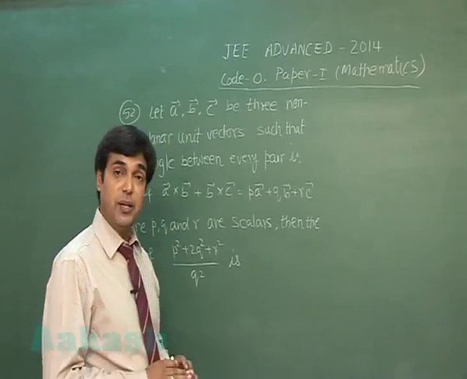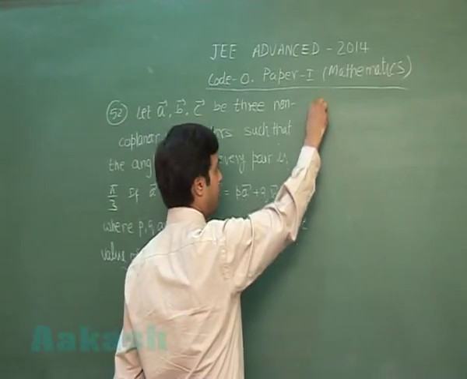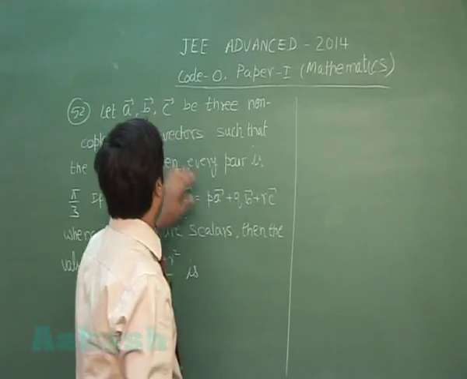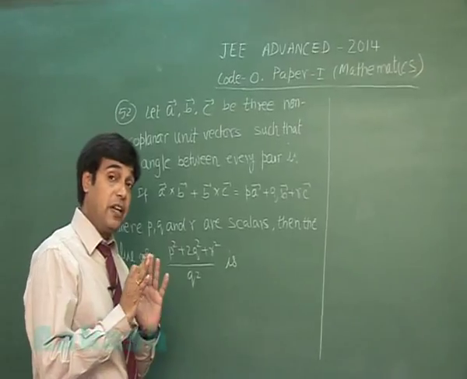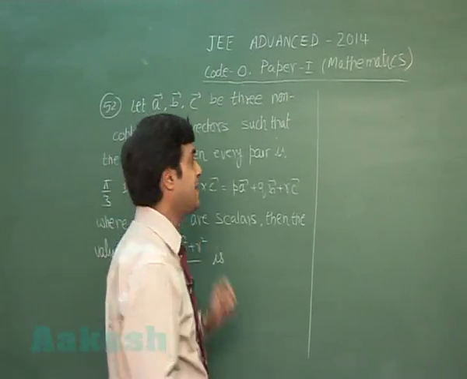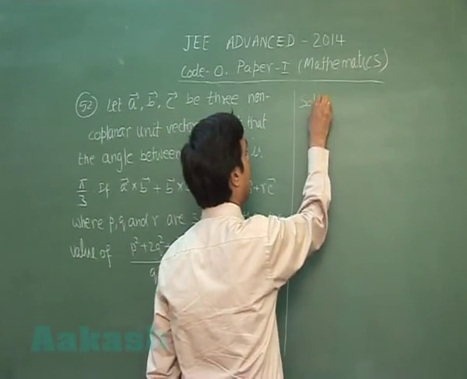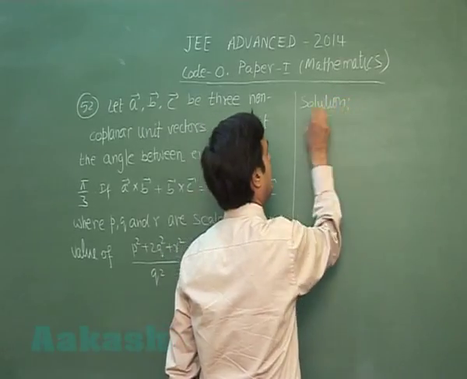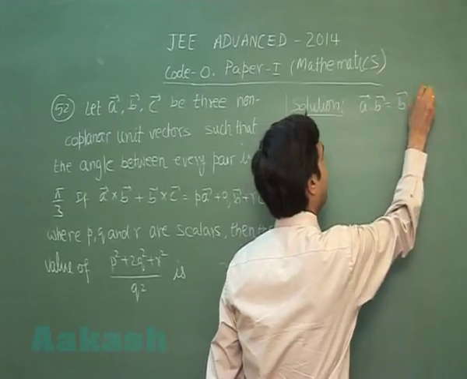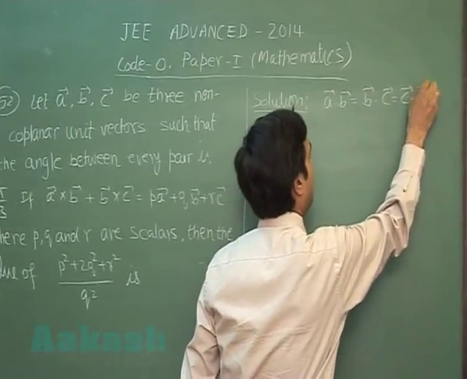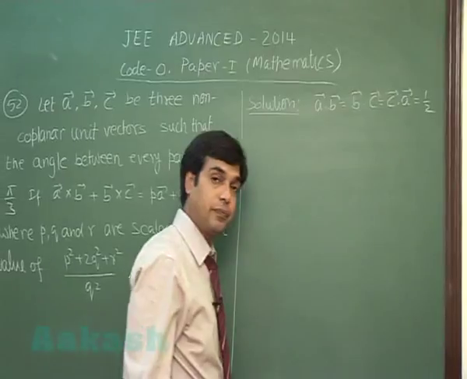Fine. So another question based on vectors. A, B, C are unit vectors such that angle between each pair is pi by 3, means A dot B equals B dot C equals C dot A equals half.